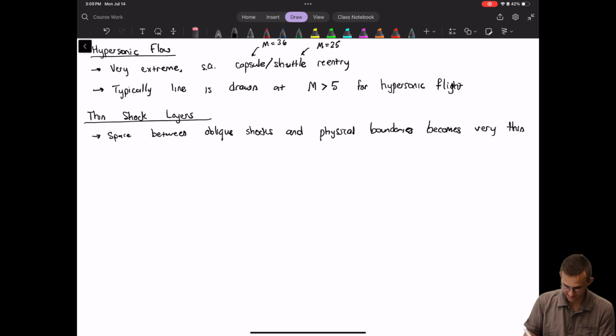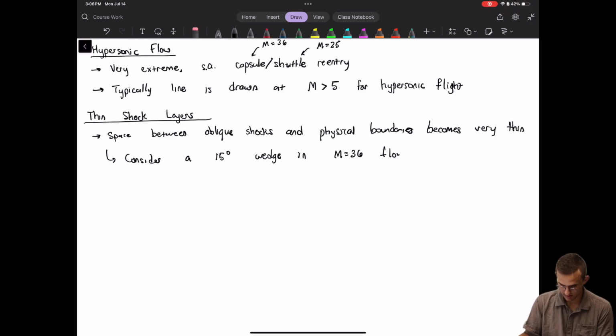As an example, consider a 15-degree wedge in M equals 36 flow. From oblique shock theory, we would get that theta is equal to 18 in this case.